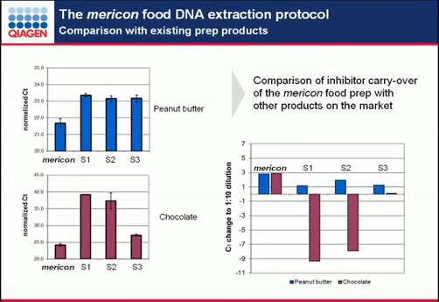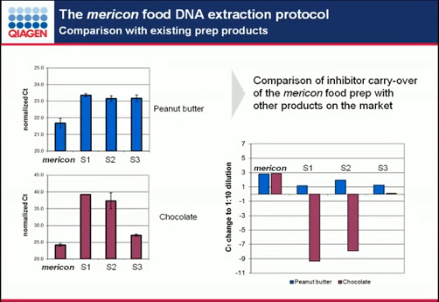Another study we did on the same thing was taking two fairly complex matrices, peanut butter with the blue bars and chocolate on the bottom with the pinkish reddish bars. Looking at the Maricon, we did a normalized CT study and compared that to sample preps from some other manufacturers.